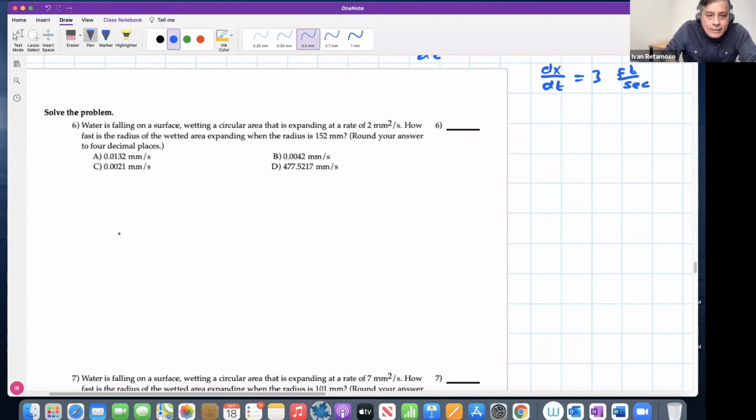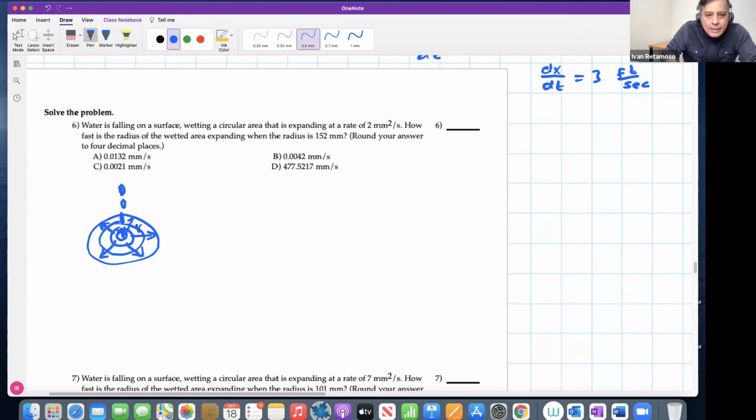All right, following the guidelines, I'm going to draw a diagram that more or less captures what is happening here. Water is falling, and as a consequence, on the ground the wetted area is this. There's a radius here.